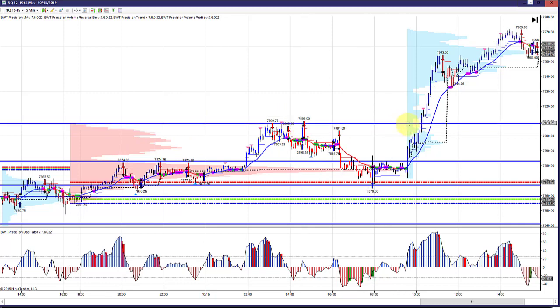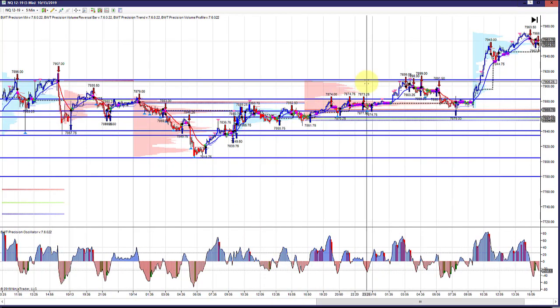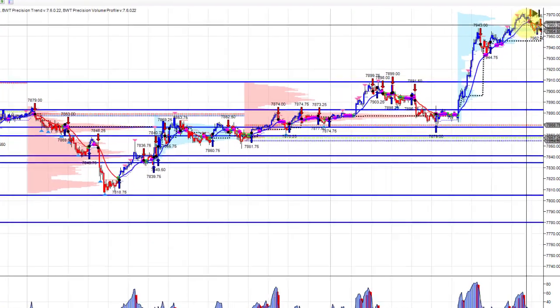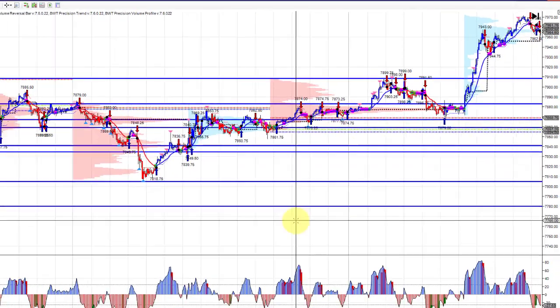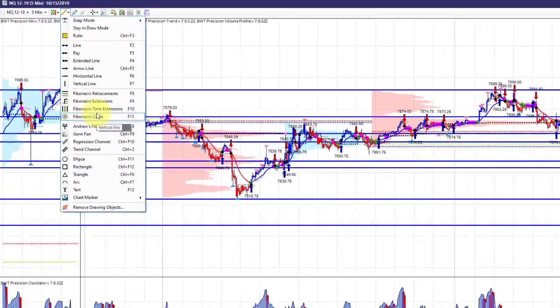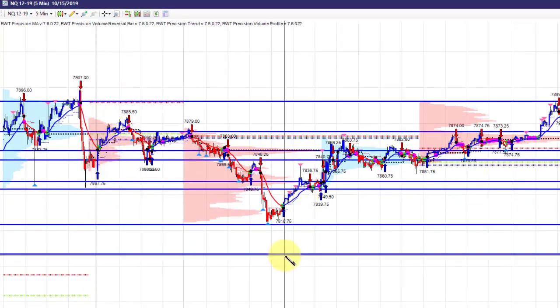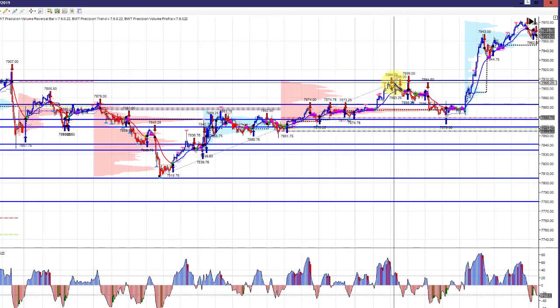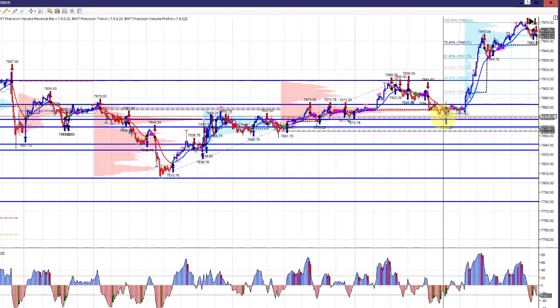Notice the decisive break through the high of the night session here, and these other levels that I drew on the chart. I don't know if I went higher, but the way to determine where a market might go on a day like this is simply to use your Fibonacci extension tool and draw a low, a high, and the pullback.